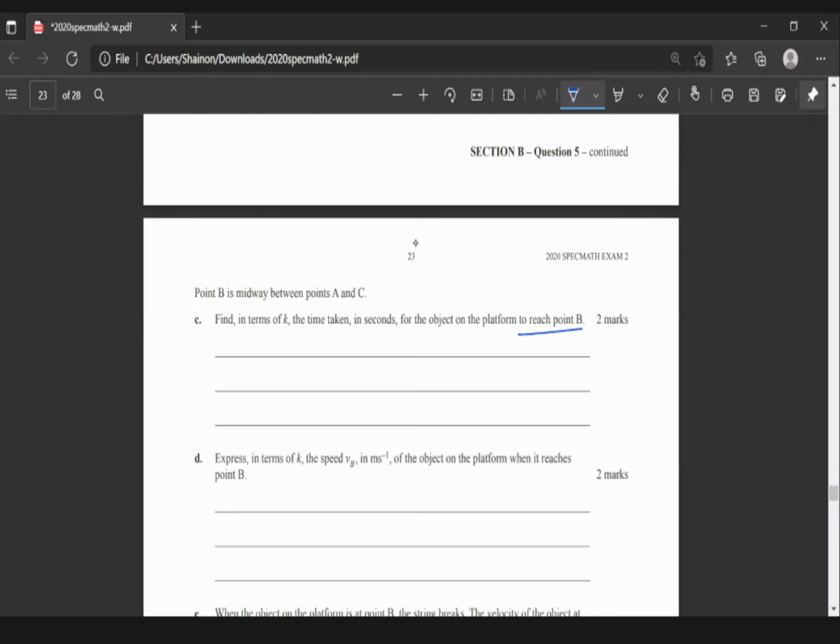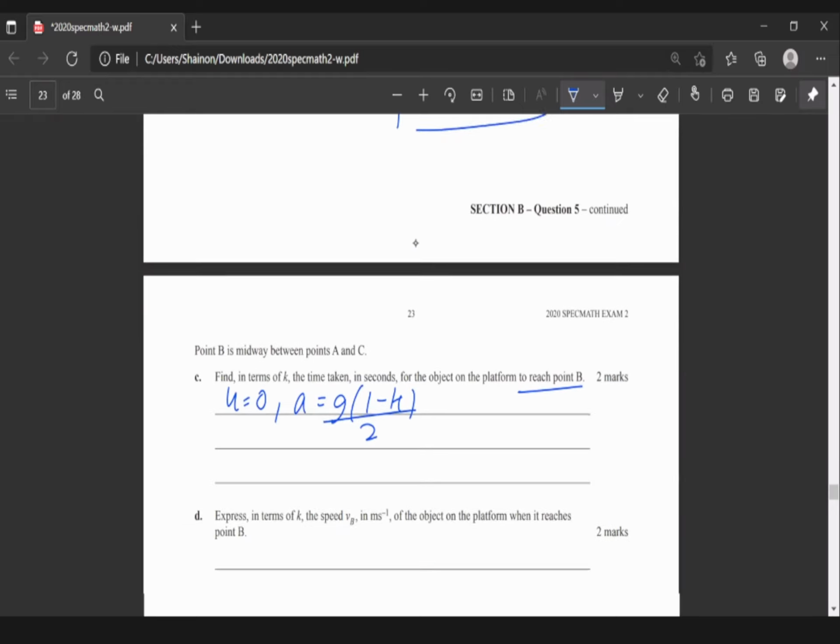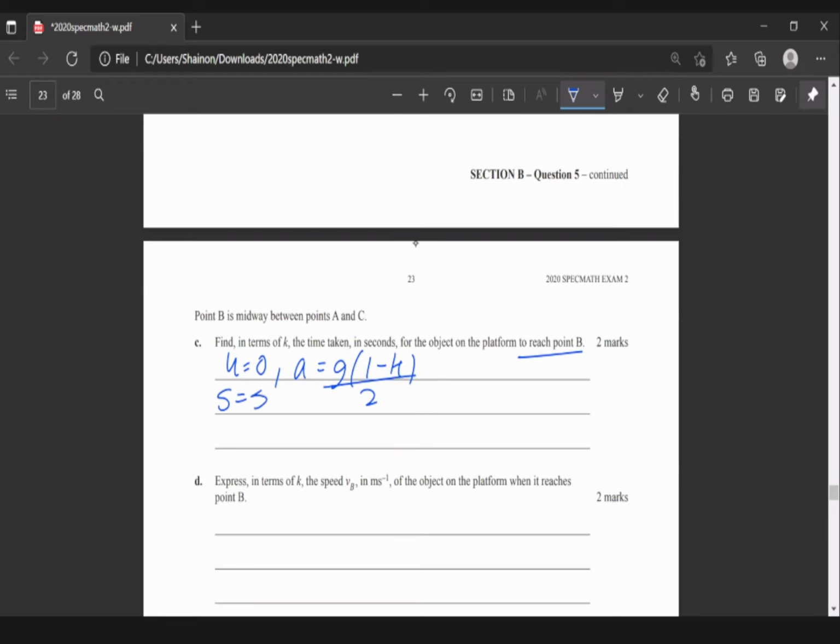We know the initial velocity is 0, we know the acceleration is given, and the displacement is s equals 5.